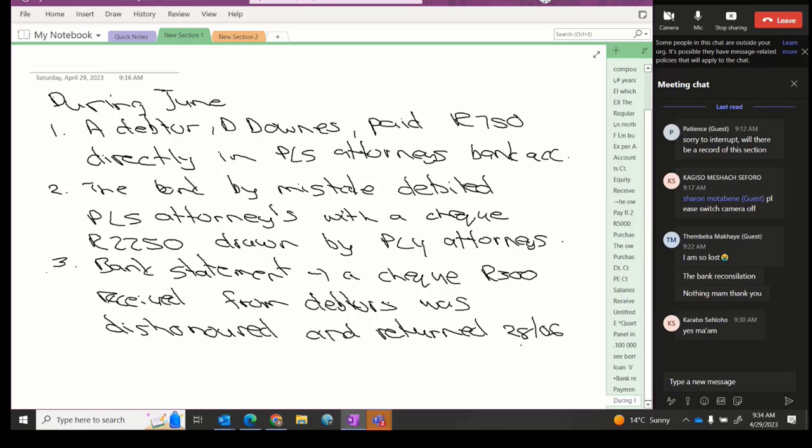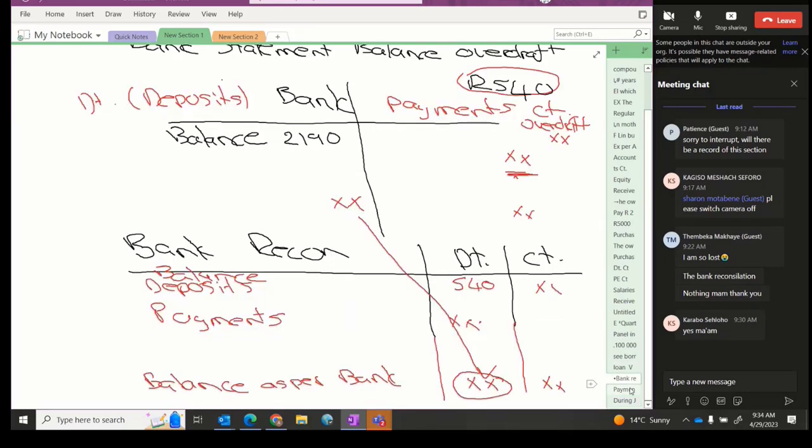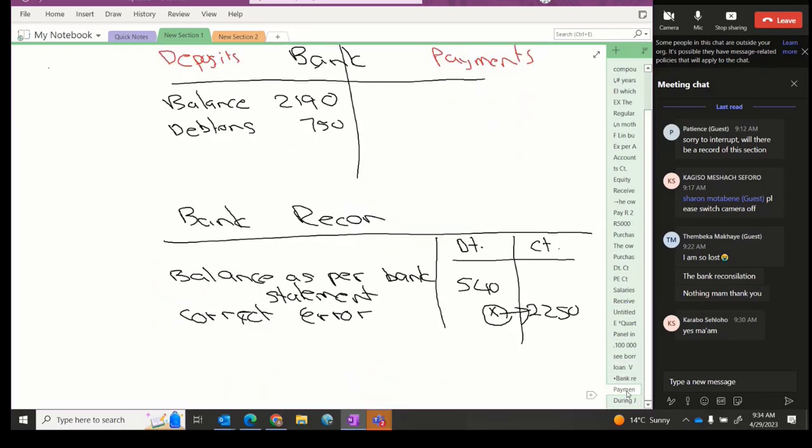The bank statement shows that the check bounced or the money is not there. So it's already on the bank statement. So obviously you have to do something in your books now. Okay, so what are you going to do? Debit, credit? Bank account, bank recon. Where are you going to put that? How much was it? 300 Rand.